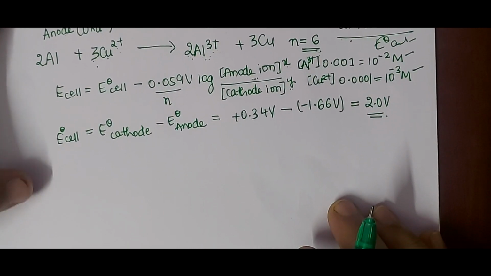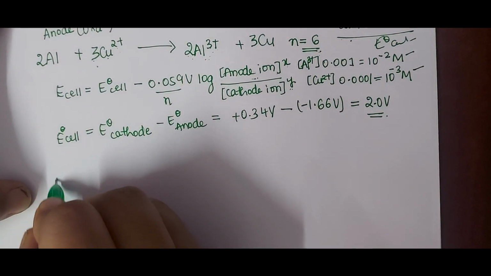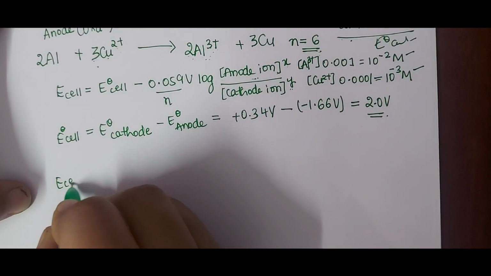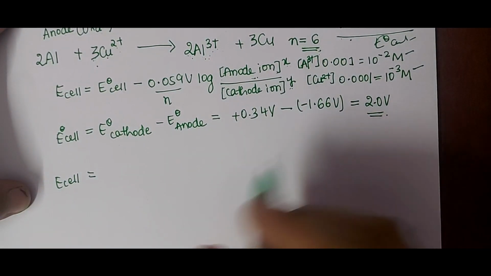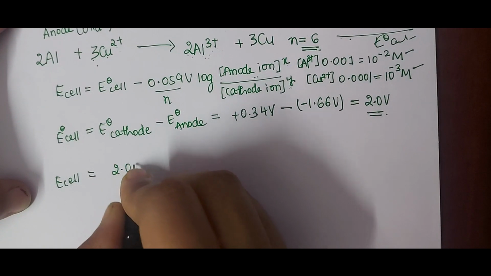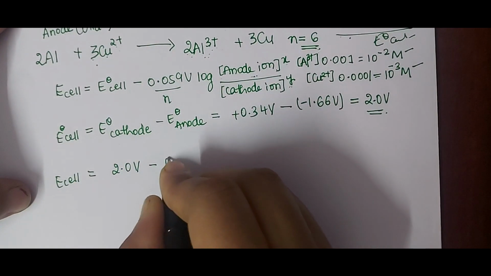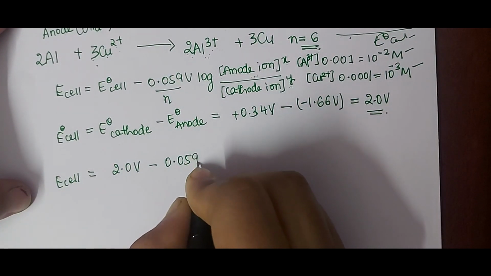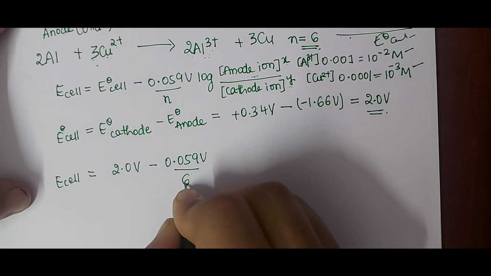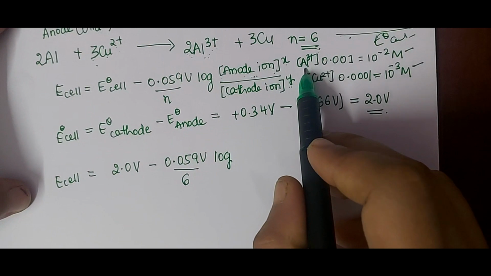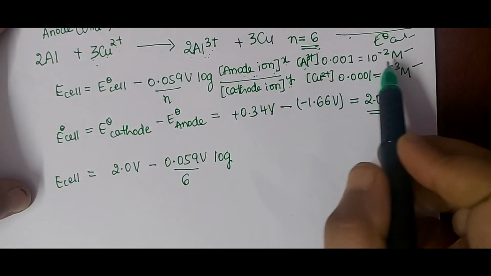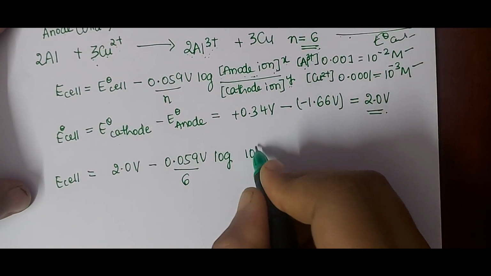Now we will go with the solution. So E cell equal to E naught cell, which we have calculated. How much did we get here? 2. So 2.0 volt minus 0.059 volt divided by 6, log of the anode ion. What is the anode ion? Al3+. How much is given? 10 to the power minus 3.